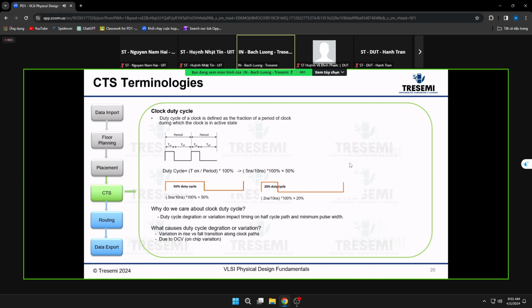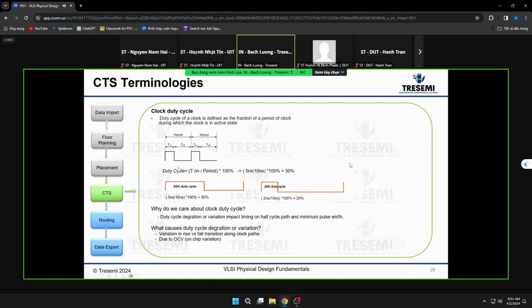Why do we care about clock duty cycle? Duty cycle degradation or variation impacts timing, and can usually impact half cycle paths and minimum pulse width. We'll talk about half cycle paths and minimum pulse width in a minute, but it does have an impact on those.